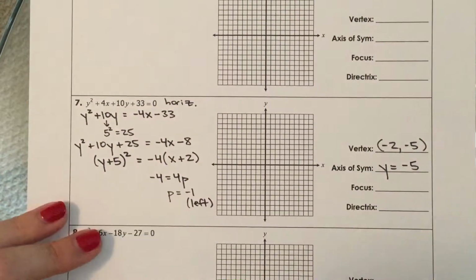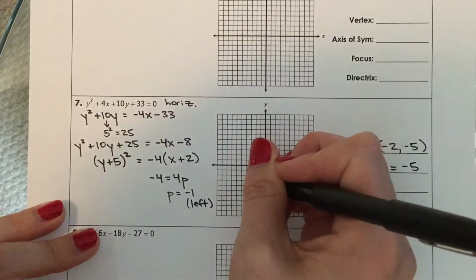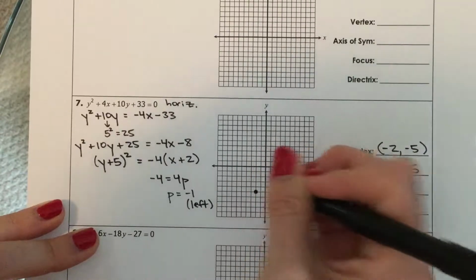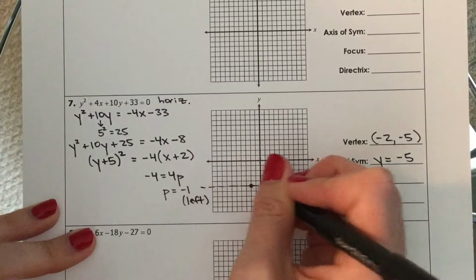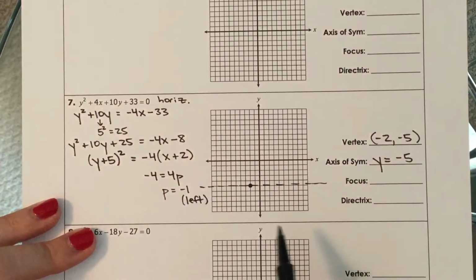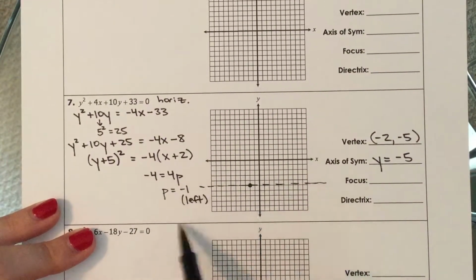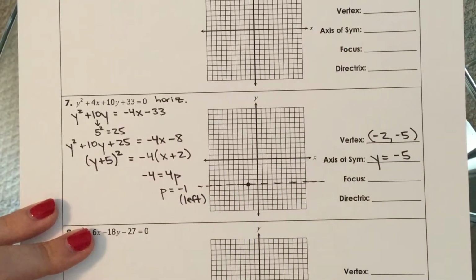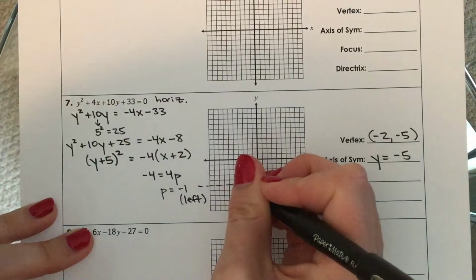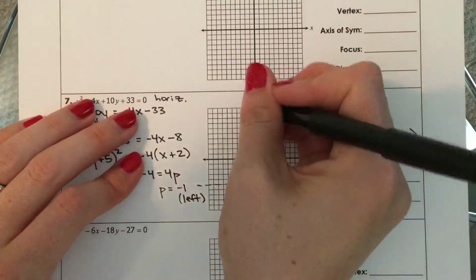Okay, so let's start graphing what we have so far. So -2, -5 is the vertex or the center of our parabola. And so this is going to be our axis of symmetry. Since our graph opens to the left, we know it's going to look like this. So the focus goes left, the directrix goes right. So the focus goes 1 point to the left.